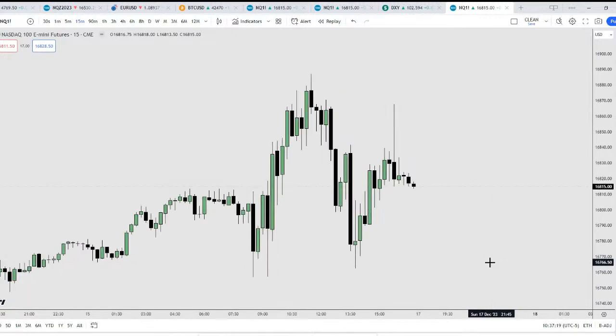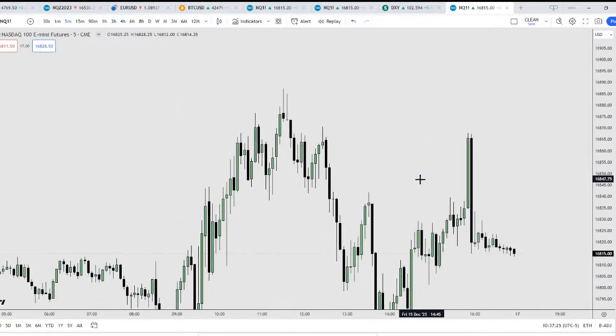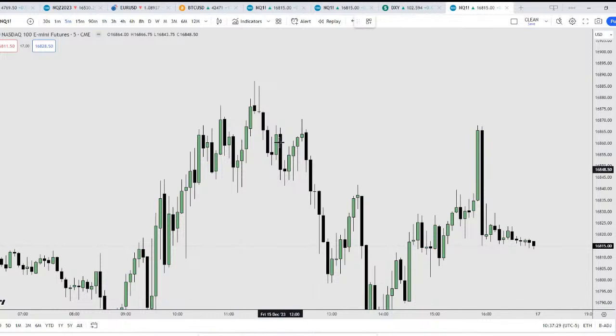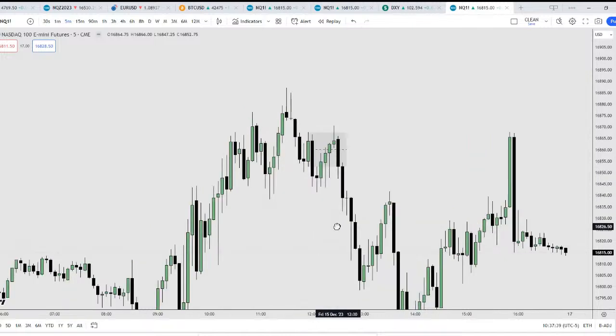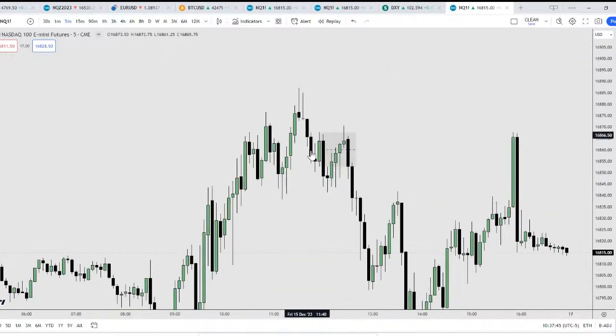A low probability proportion order block. Right down here, as you can see, price traded above the high, and then trades below.